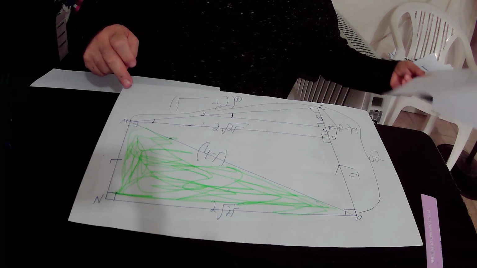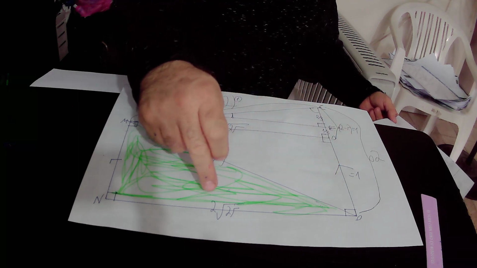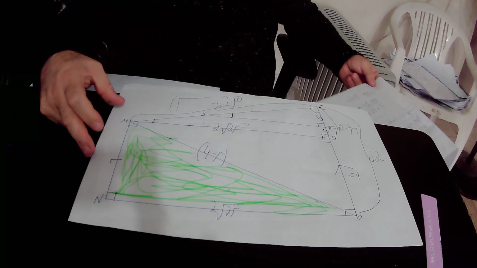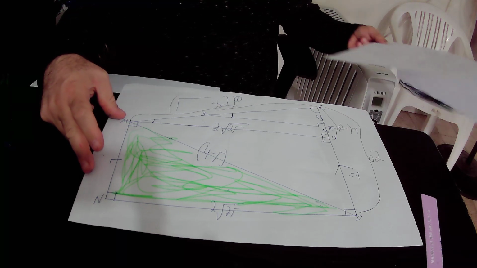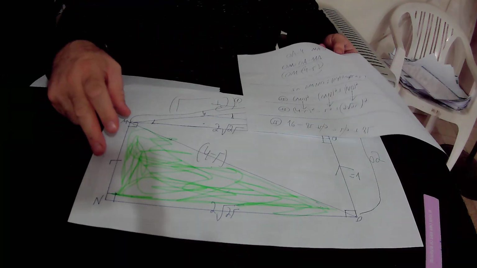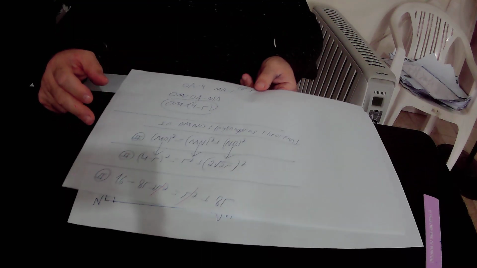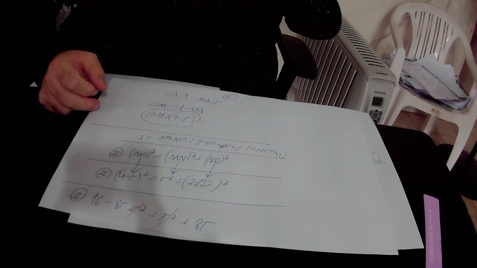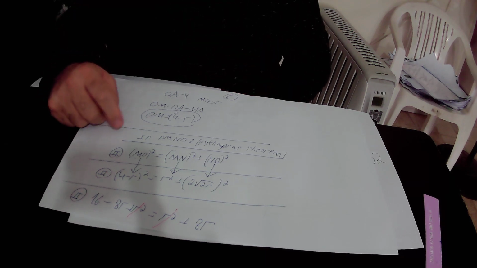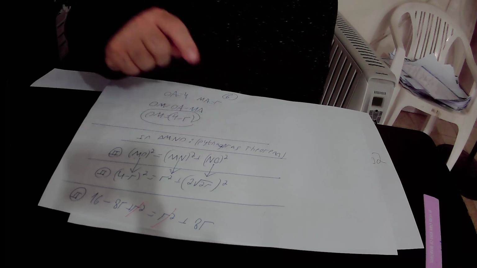And we have already found out that ND equals 2 times square root of 2R, and NM is the radius of the small circle, that is to say it equals R. So in the green right triangle, triangle MND, according to the Pythagoras theorem, the square of the hypotenuse equals the sum of the squares of the perpendiculars, that is to say MD square equals MN square plus NO square.